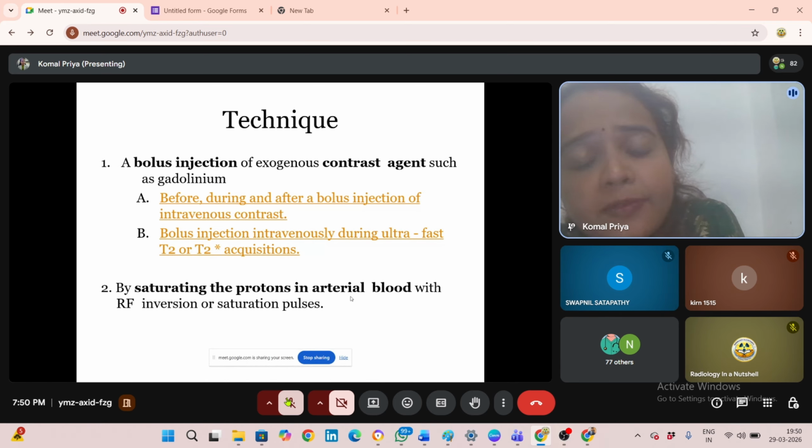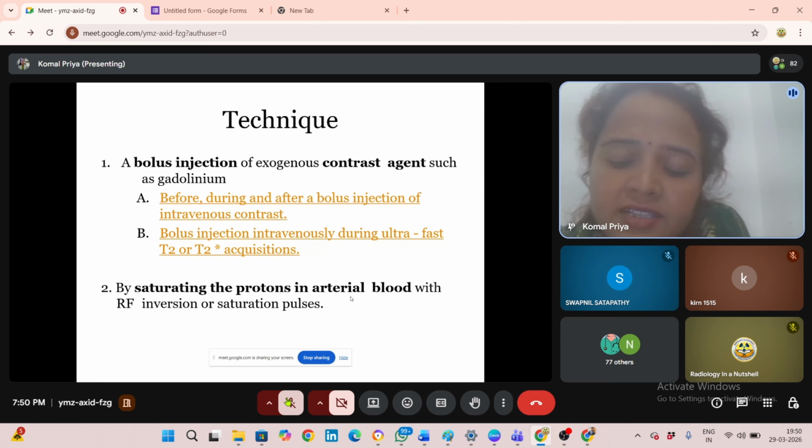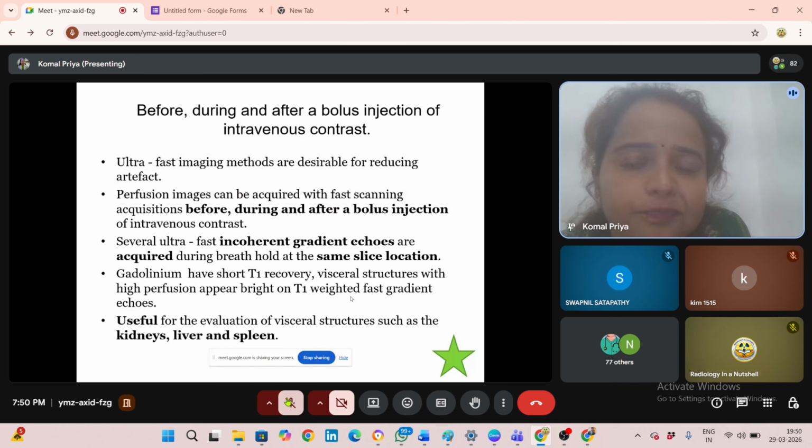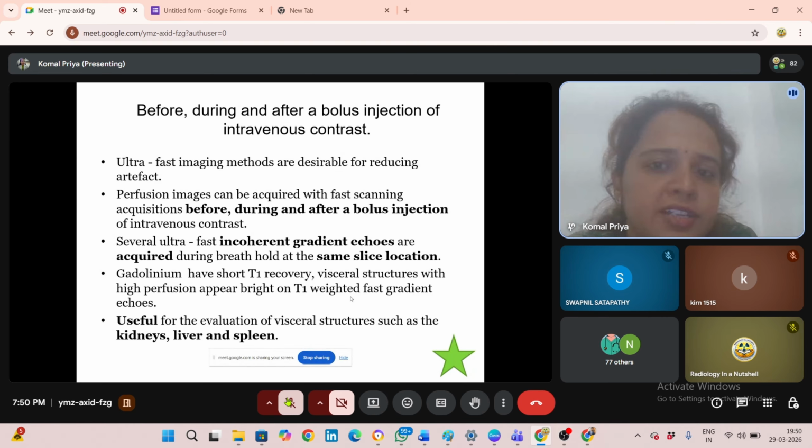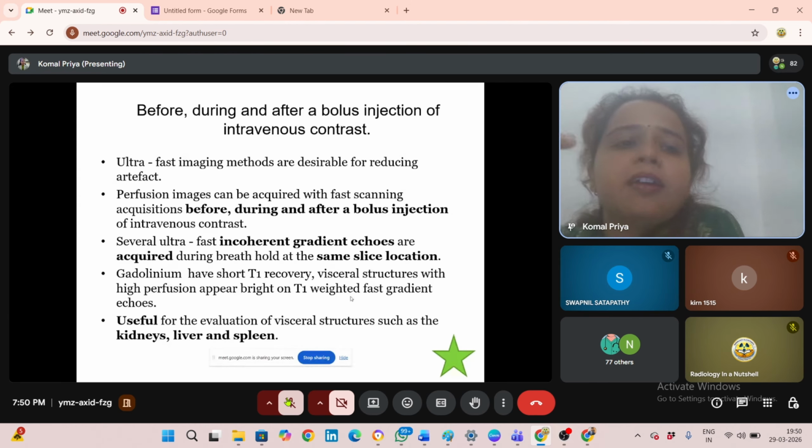We also acquire perfusion with the breath hold sequence. So breath hold sequence is also there to acquire the perfusion weighted imaging. Clear? So you are seeing this first technique, that is before, during, and after a bolus injection of the IV contrast media. So in this, fast imaging sequence is required.